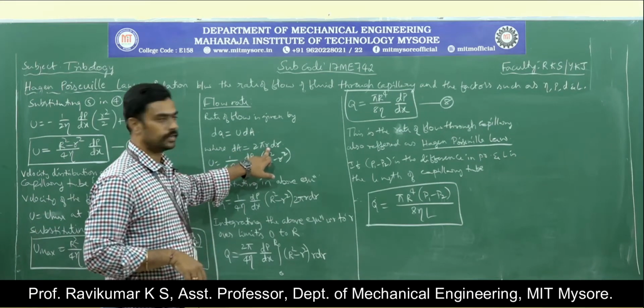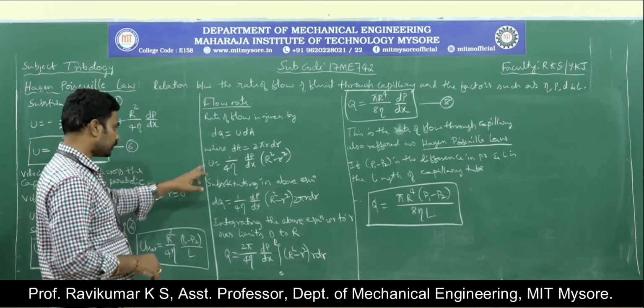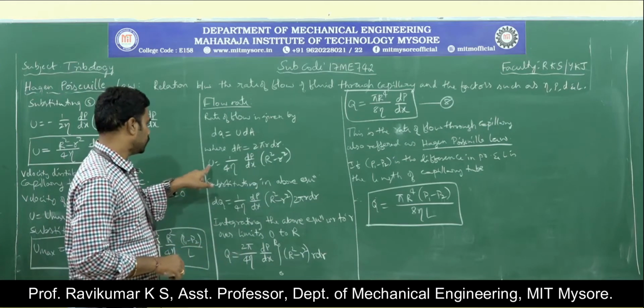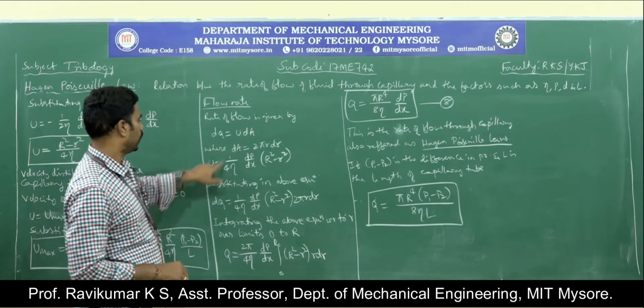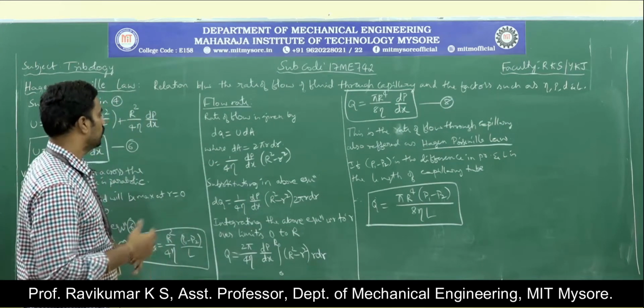So 2 pi r into dr is the area, circumference into the width of that element. So u is equal to 1 by 4 eta into dp by dx into R square minus r square.